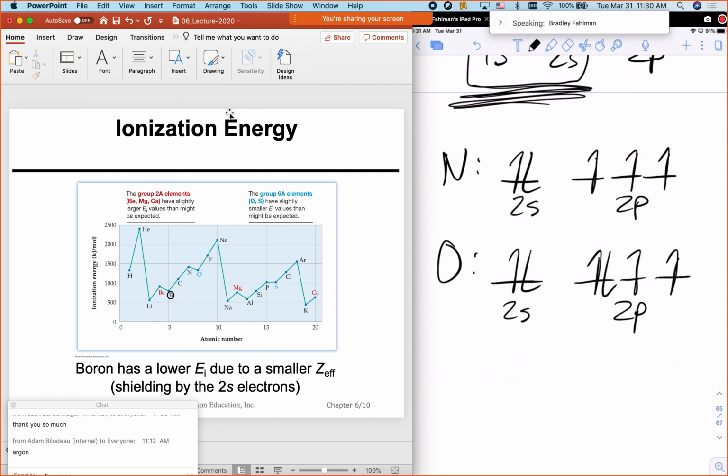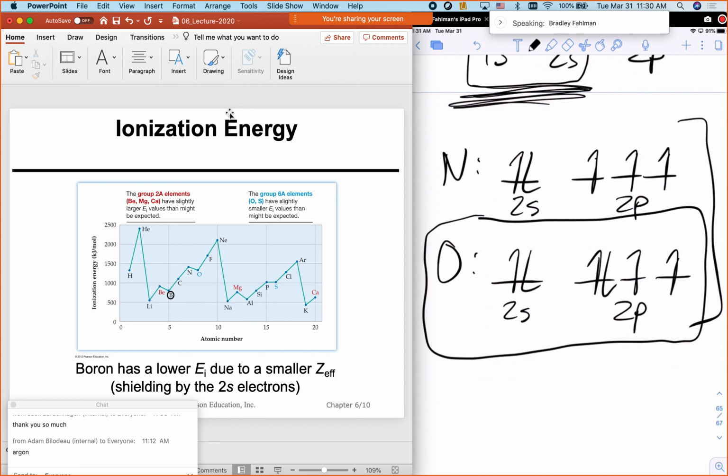And so looking at these configurations, does anybody have a reason why this is easier to ionize? So it's easier to remove an electron. Because half-filled subshells are more stable.